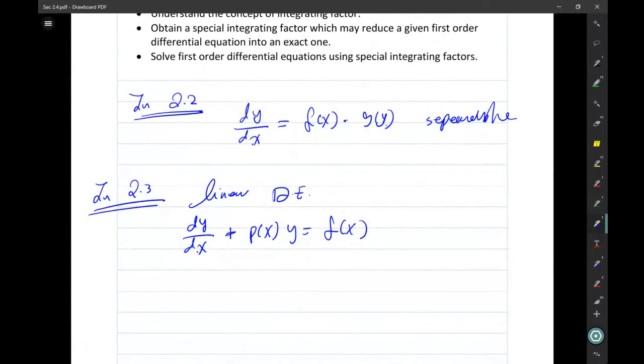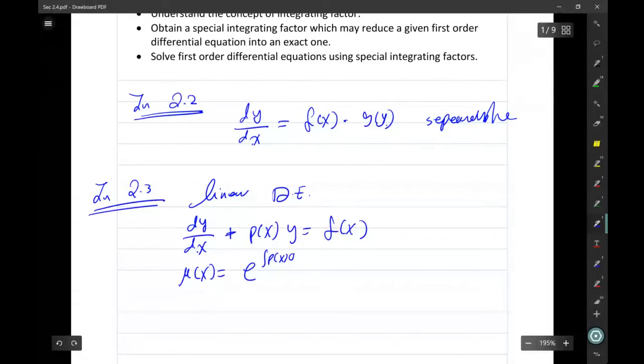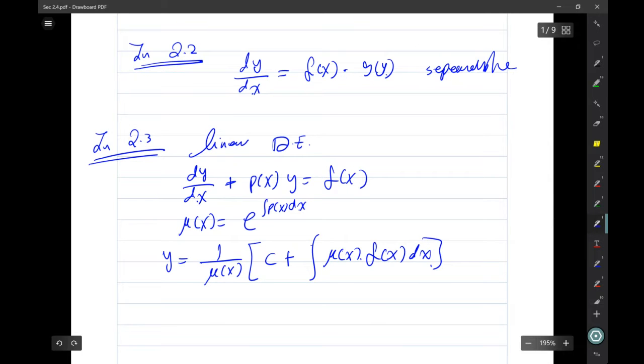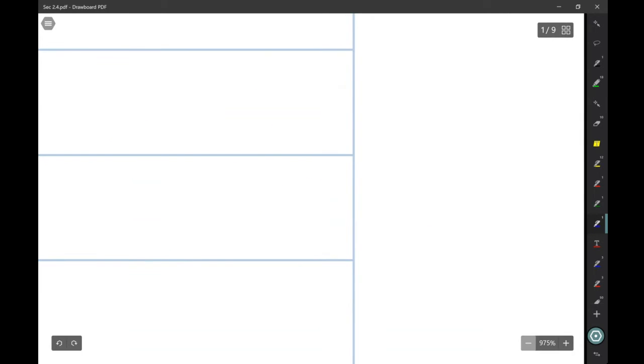And we said that to find the solution, we have to find mu of x, the integrating factor, which is e to the power integral p of x dx. Then the solution y is 1 over mu of x times c plus the integral of mu of x times the function f of x dx. This is the linear.